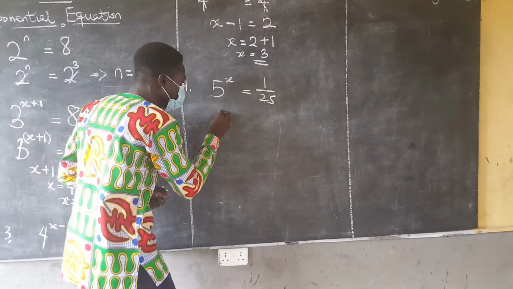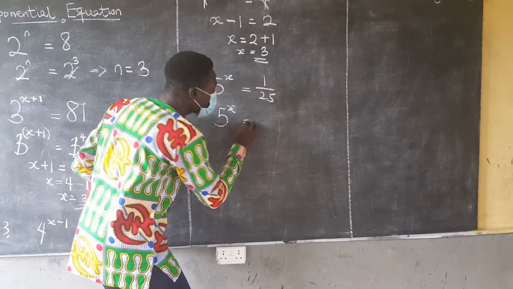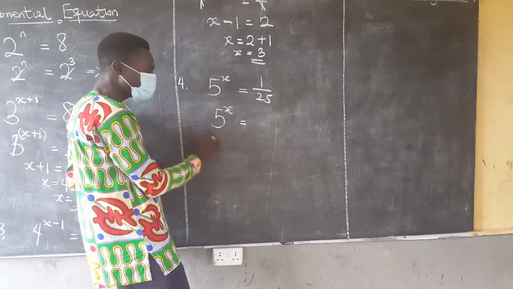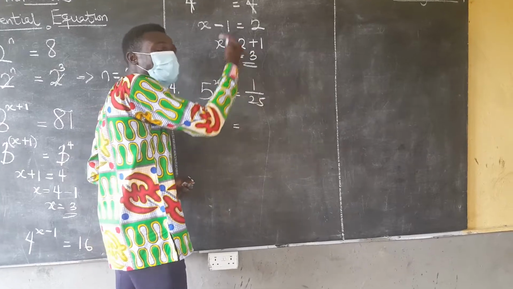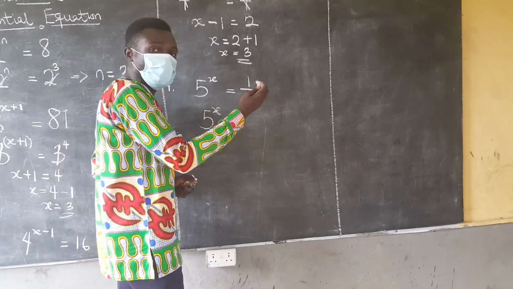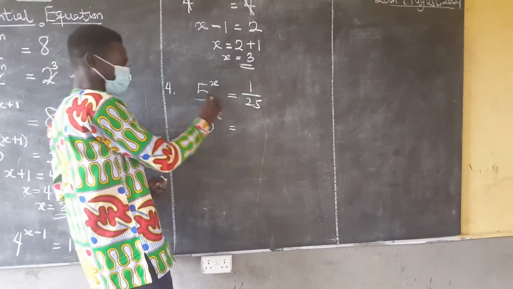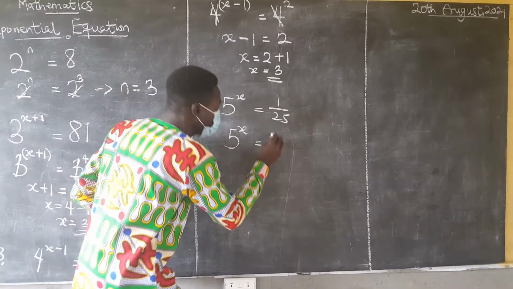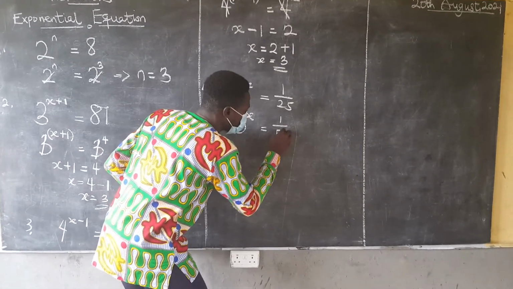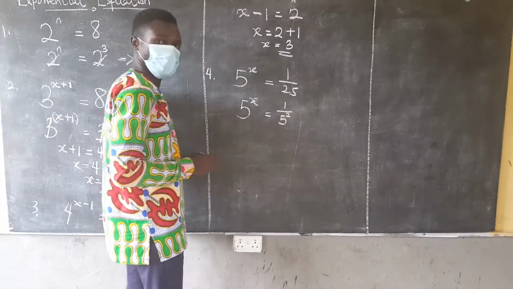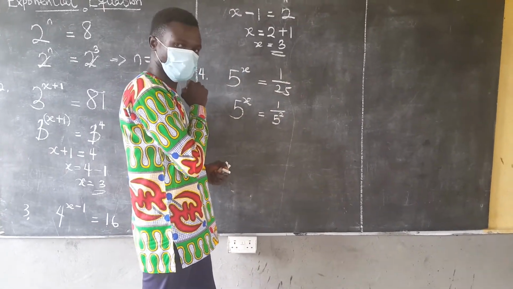So I can say 5 raised to the power x here is equal to, because the base here is 5, then this 25 can also be written as an exponent or a power of a number in terms of the base. So this will give me 1 over 5 raised to the power 2. This 25 is the same as 5 raised to the power 2.